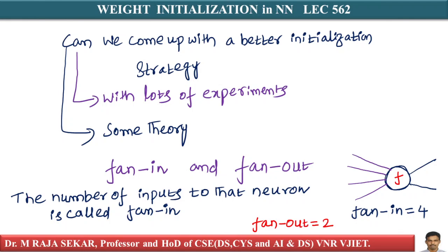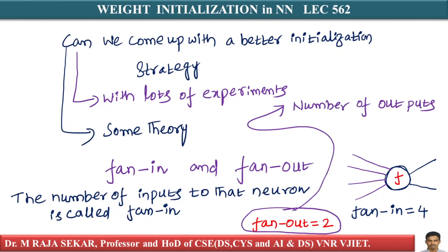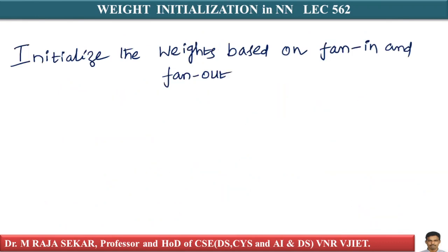Given a neuron or activation, which is the same thing, the number of inputs to the neuron is called fan in and the number of outputs is called fan out. Now people have done a lot of research saying we should initialize the weights based on fan in and fan out.